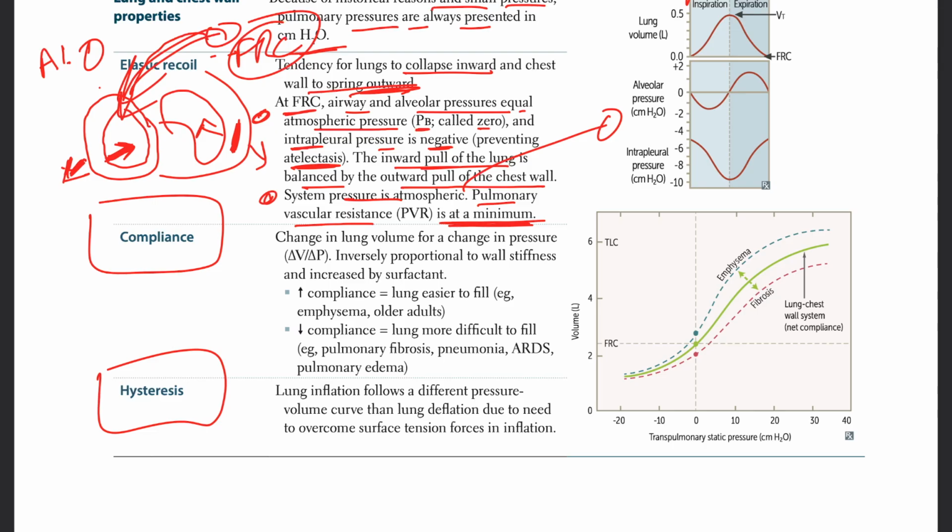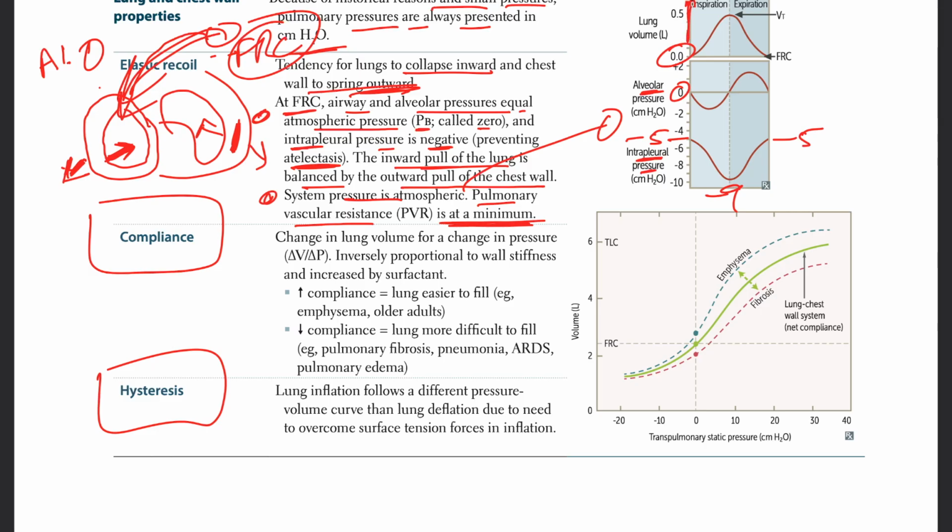At your FRC, or rest, your alveolar pressure is 0, but your intrapleural pressure is -5. High yield: -5. As you breathe in, it goes down to -9 and then returns to -5. The alveolar pressure starts at rest at 0, and the lung volume is 0.